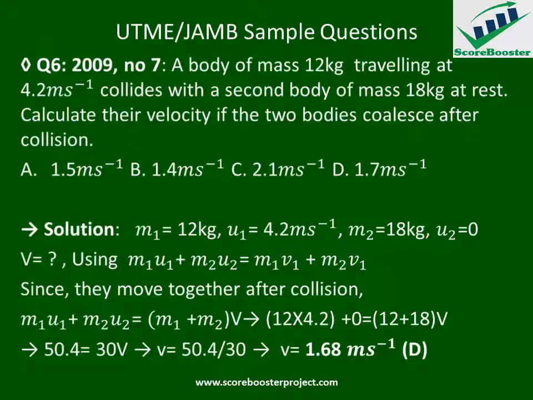The mass of the second object m2 is 18 kilogram, while the initial velocity of the second object, being at rest, is going to be 0. So u2 equals 0. Then since they said the two objects coalesce, that means they move together after collision. So their final velocity is unknown, and that is what they asked us to find.